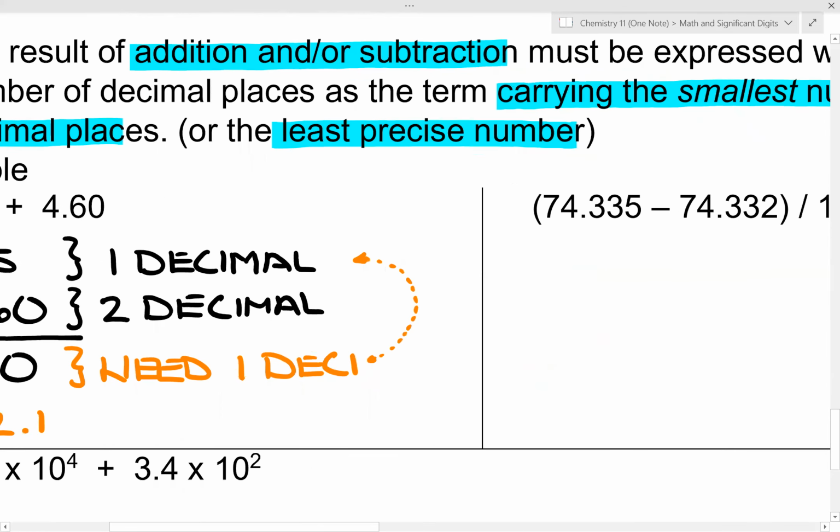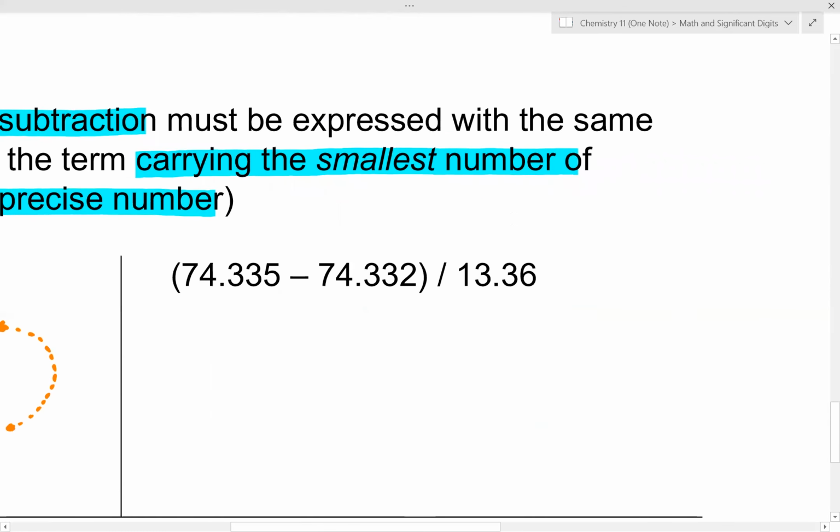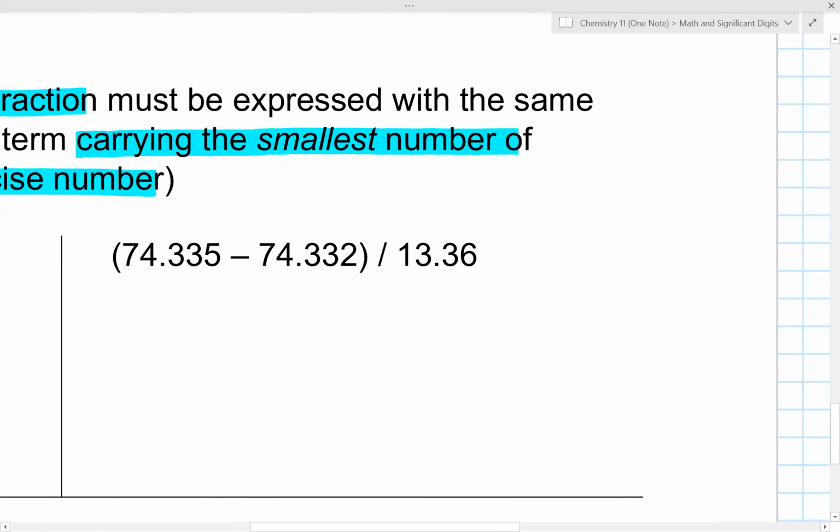Now, let me throw in another example. Let's say you have a variety of steps. Like say for this example, you have a subtraction inside the brackets, and then you have division outside the brackets. How do we figure this out? We use BEDMAS. You remember that from Math 9, I hope. So what that means is we do everything in the brackets first, and then we move on.